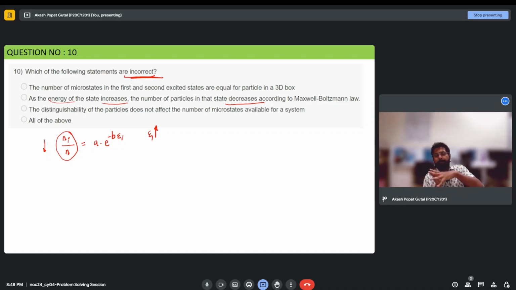Then particle one at the excited state and particle two at the ground state, and vice versa, are two different states, because these two particles are distinguishable. So we can distinguish them when two is at the excited state, and when one is at the excited state. Because of their distinguishability, the number of microstates will increase n-fold if n particles are distinguishable.